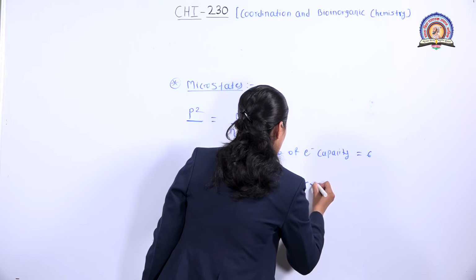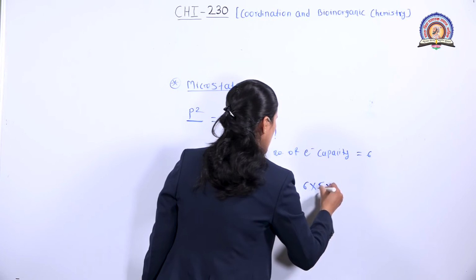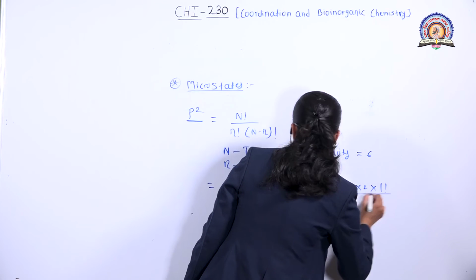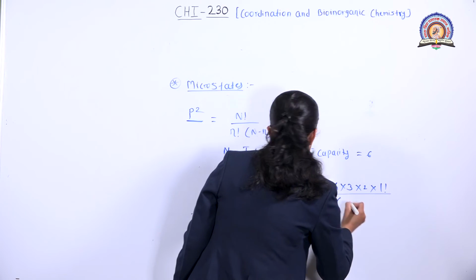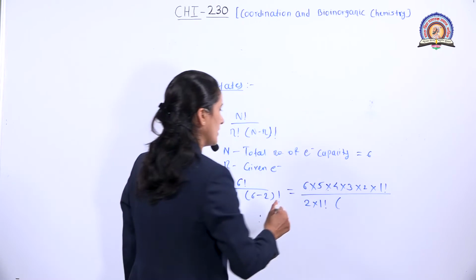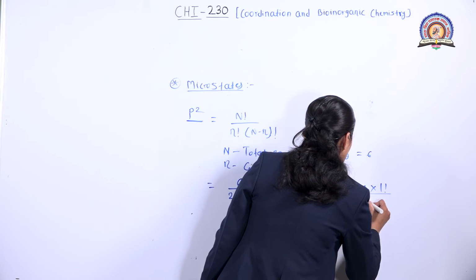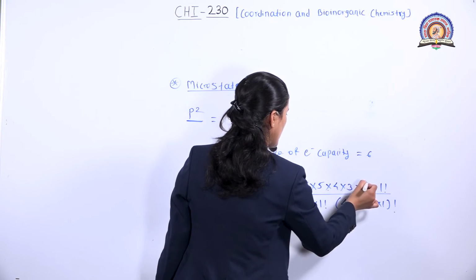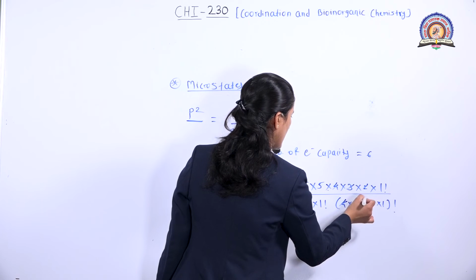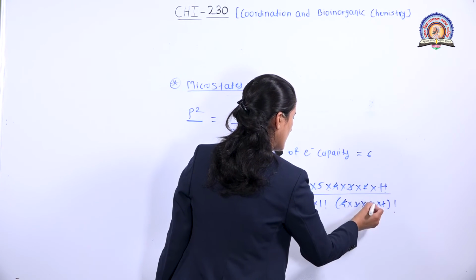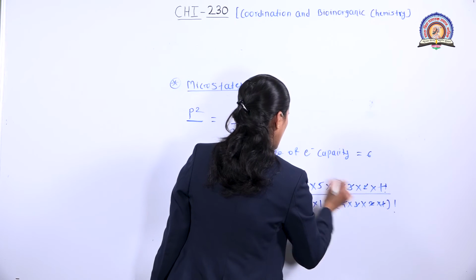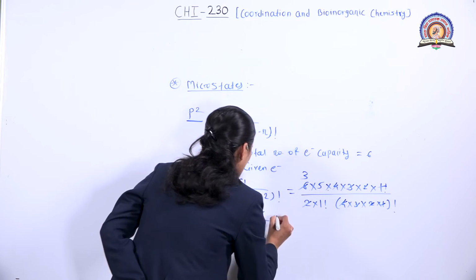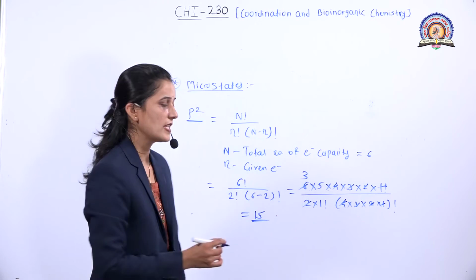Let's see the calculation: 6 into 5 into 4 into 3 into 2 into 1 upon 2 into 1, and 6 minus 2 is 4 factorial, 4 into 3 into 2 into 1. The common terms cancel, and we get 3 into 5, which is equal to 15. So the total number of microstates for the P2 configuration is 15.